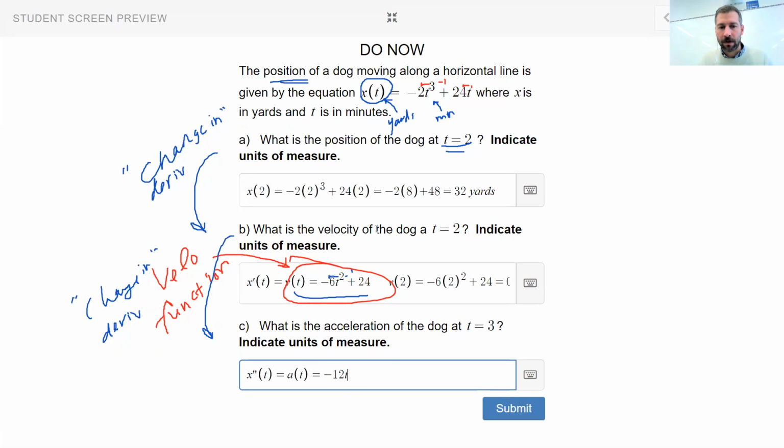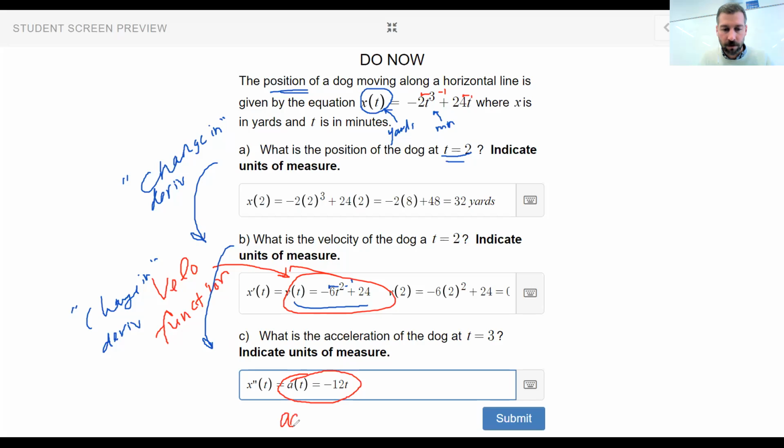I don't need to put that 1 in there. And the 24, since it's a constant, will just turn into 0. So we can just call this -12t. That's my acceleration function. I have my velocity function up above, and I turn that into the acceleration function by using the derivative.